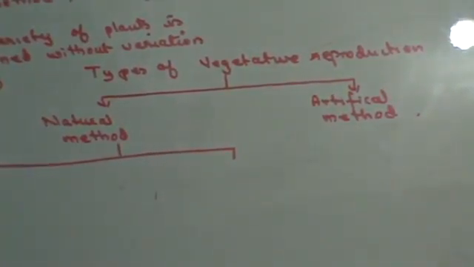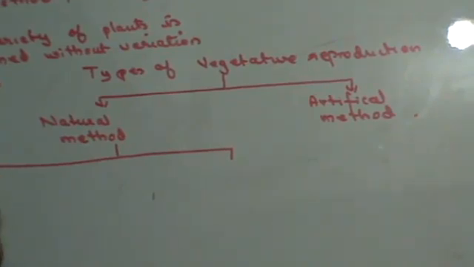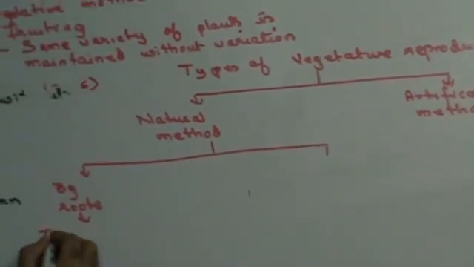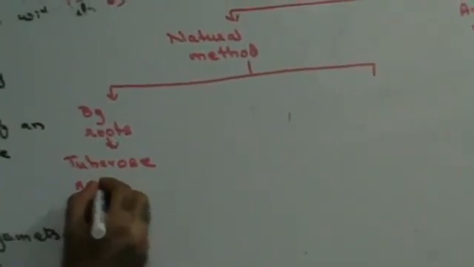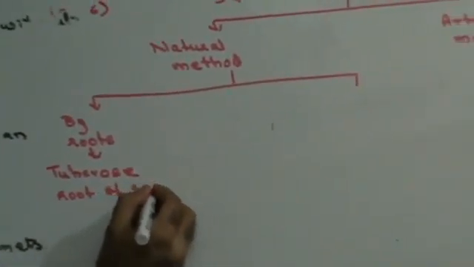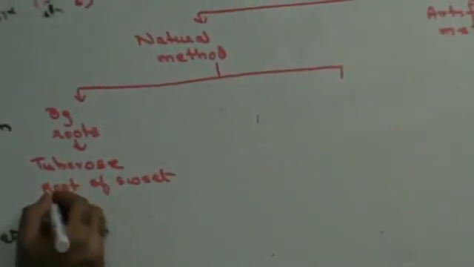Now, natural methods are further classified: by roots, for example the tuberose root of sweet potato. I'll show you this diagram a little later.